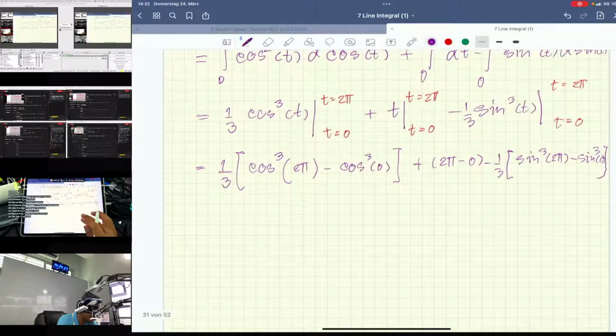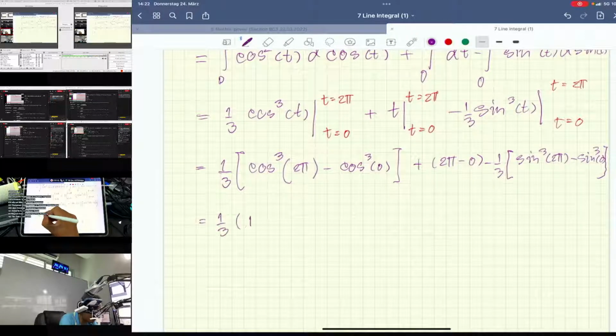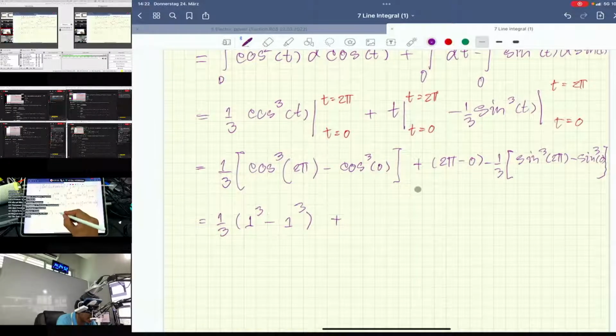And of course, you know that cosine 2 pi is number 1, right? You have here 1/3 and 1 power of 3 minus cosine 0 is also 1. So this term remains 2 pi. You're going to have 2 pi.